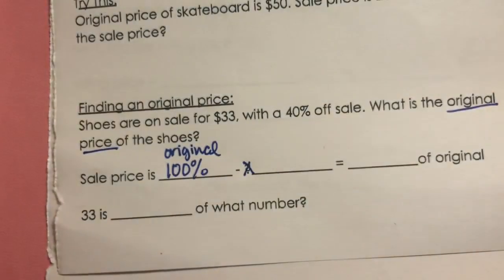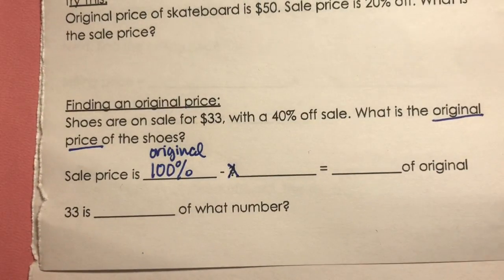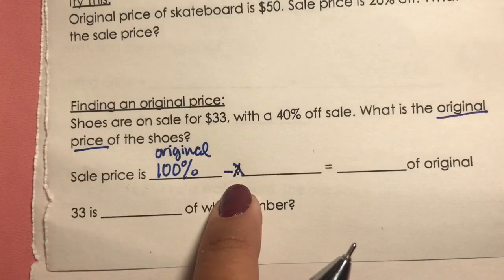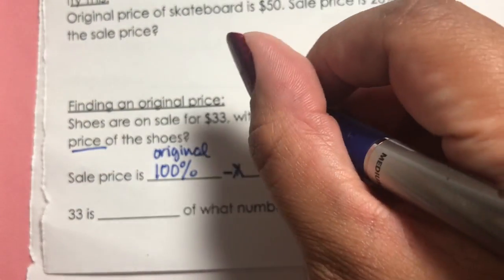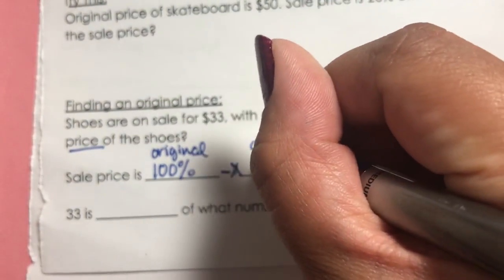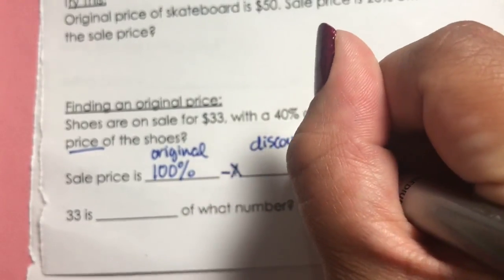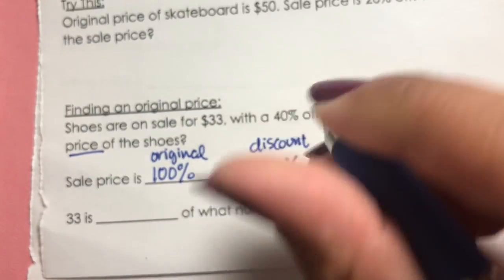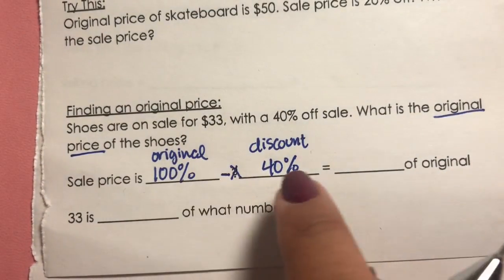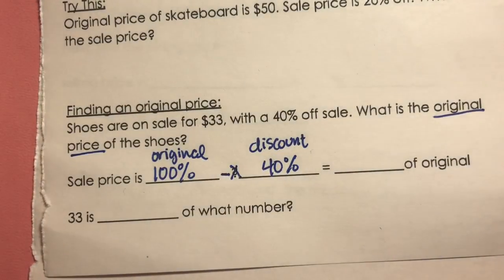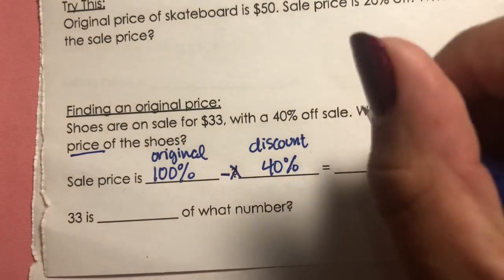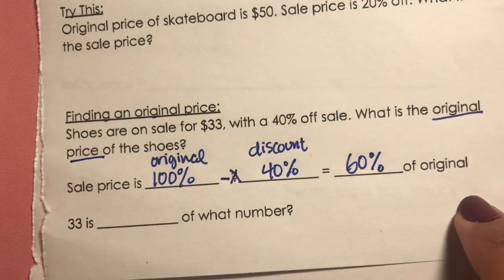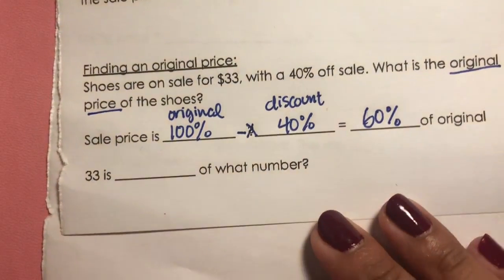This question mark should not be there, so that won't be on your worksheet, don't worry about that. Our discount for this problem is 40%. So it's 100% because that's our whole, minus the discount of 40%. 100 minus 40, off the top of my head, I already know that is 60% of the original price, okay?